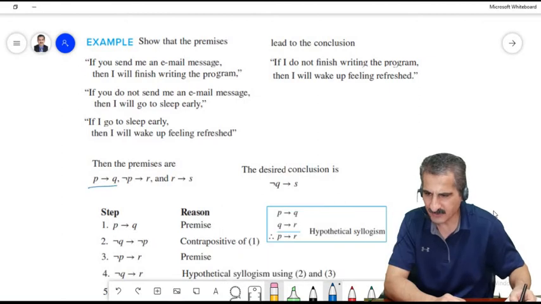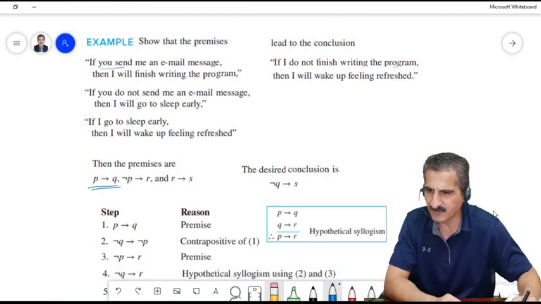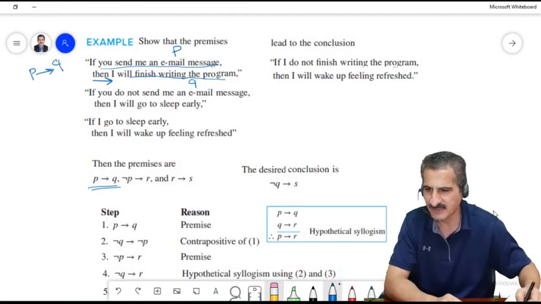Okay, P gives Q. What is P? P means if you send me an email. Then I will finish writing a program. This is Q. So here we have P gives Q. So I will write the premises and will leave the steps for you to conclude.